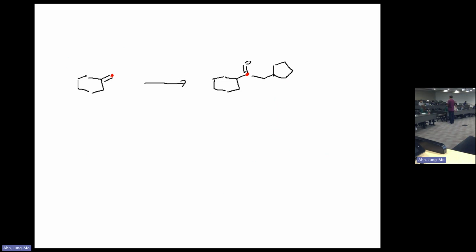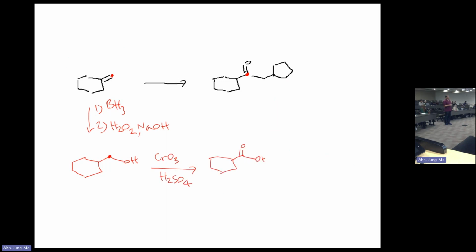Oxymercuration, or hydroboration. I'm just trying to remind you of the things that you need to do. This is a hydroboration because you're going to make an anti-Markovnikov addition of the water. So this puts the OH on the less substituted side, right? So that's an anti-Markovnikov product. That is a primary OH, and then you can oxidize to make a carboxylic acid. Then you can make an acid chloride. Then all you need to do is this part, the diethyl cuprate.